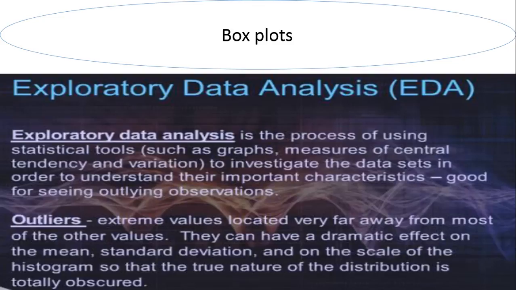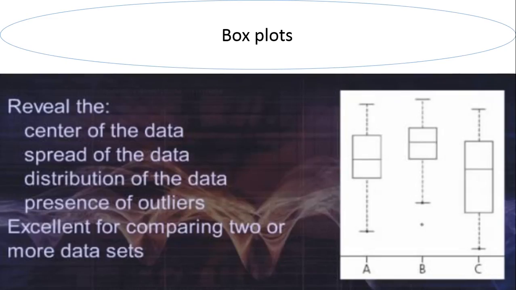They can have a drastic effect on the mean, standard deviation, and on the scale of the histogram, so that the true nature of the distribution is totally obscured. So a box plot reveals the center of the data, spread of the data, distribution of the data, presence of outliers, and is excellent for comparing two or more data sets.